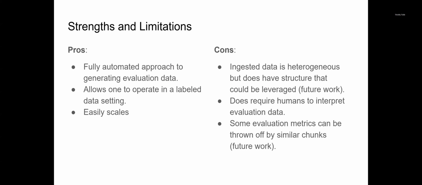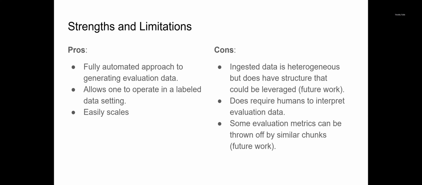As far as the cons go, number one, just specifically the data that I'm working with, the publications, they're very heterogeneous. They're structured, but nonetheless you can get all sorts of formats, and so they're a little difficult to work with. This does require humans to interpret the evaluation data. Even though it can be done end to end in an automated way, you still need humans to look at the graphs and say, okay, the RAG's doing well or worse, we should configure it this way or that.